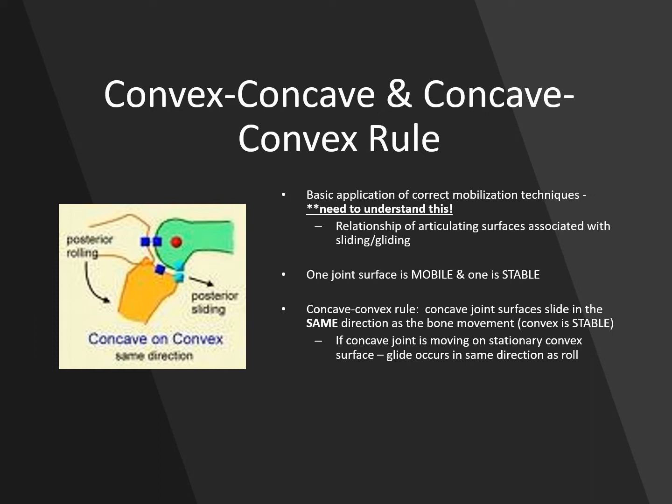Whenever we have to find the direction of slide, we first need to find the direction of rolling. Whenever a bone is moving within the joint, both rolling and sliding happen, but which direction we don't know, whether it is superior, inferior, anterior, or posterior. Through this rule, we can find out in which direction rolling is happening and in which direction sliding is happening.